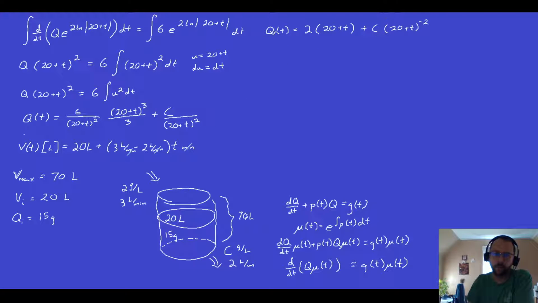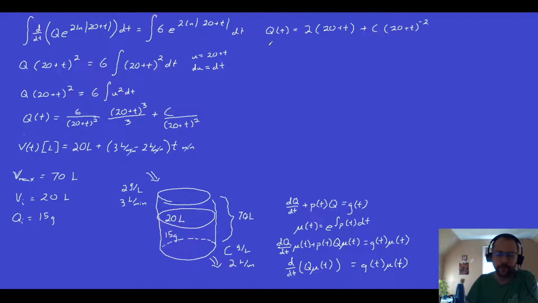So this is our solution, but let's solve for c, which we can do because we know that at time 0 we have 15 grams.